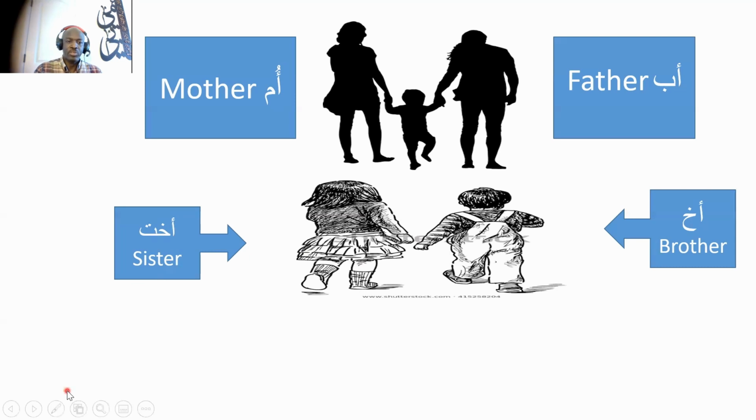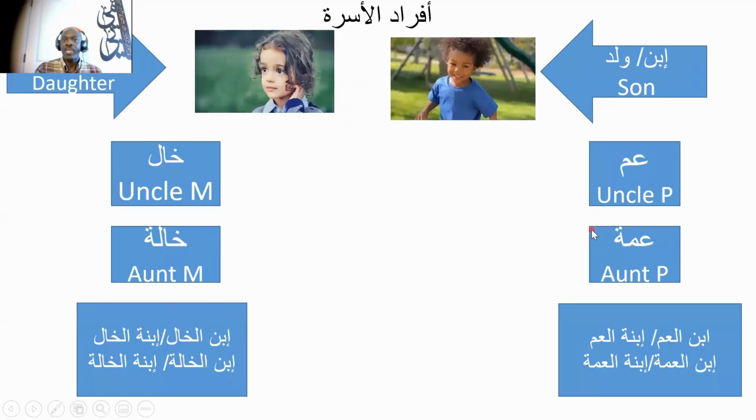All right. So also here we have Ibn on this side. Ibn, Alif, Ba, Noon. Ibn literally means son. The direct translation for Ibn is son, but sometimes we say Walad: Waw, Lam, Dal.